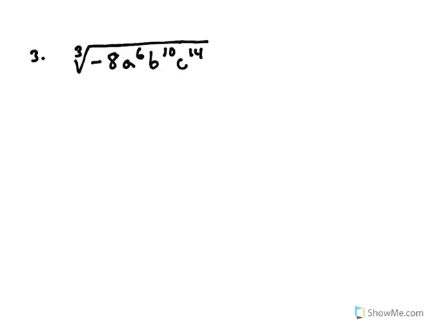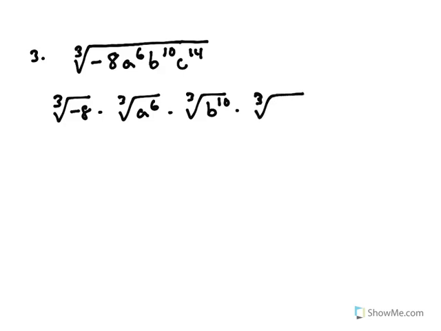Okay, and what is this? This is basically asking you to take the cube root of negative 8 times the cube root of a to the 6th times the cube root of b to the 10th power times the cube root of c to the 14th power.